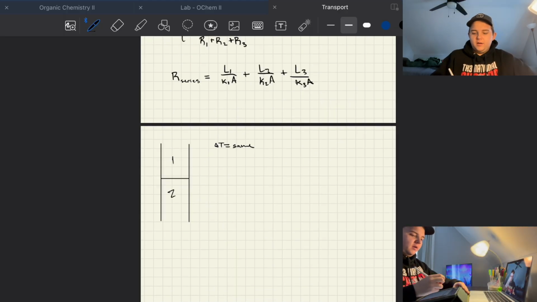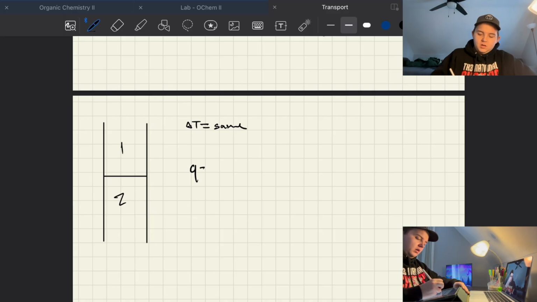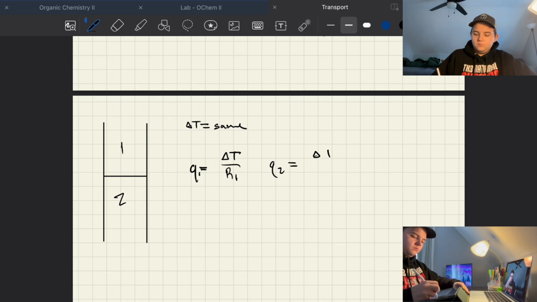Okay, so to get started, we're going to start with our heat. Q1 is going to be equal to delta T over R1, and it's going to be the same for the others.